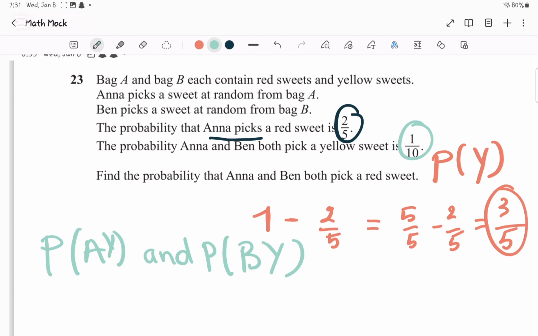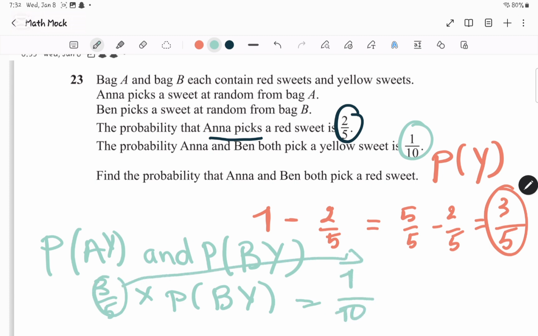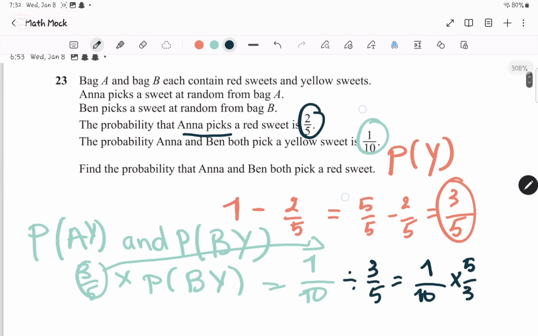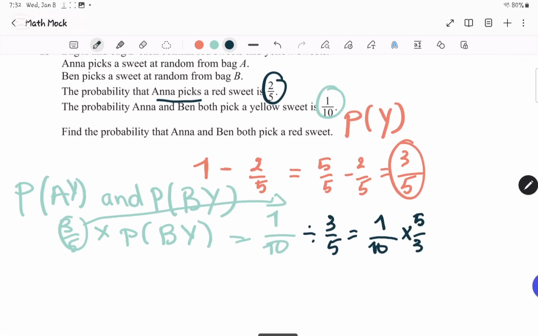So we have the probability of Anna picking yellow, which is 3 over 5 because we calculated it previously, multiplied by the probability of Ben picking yellow, which is equal to the total probability of both of them picking yellow, which is 1 out of 10. So we're very simply going to move this to the other side, and look what happens here. It becomes divided by 3 over 5, or in other terms, you can do keep change flip, so it's 1 over 10 times 5 over 3, which is then equal to 1 over 6.